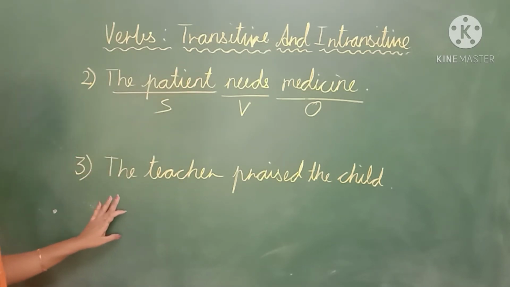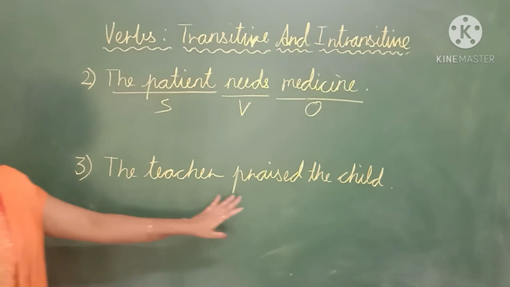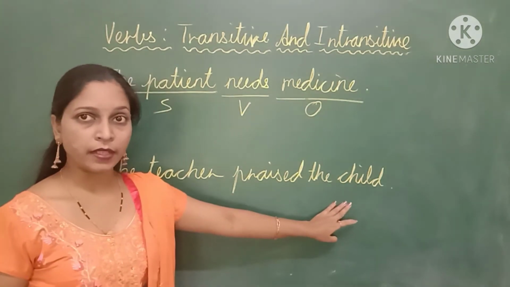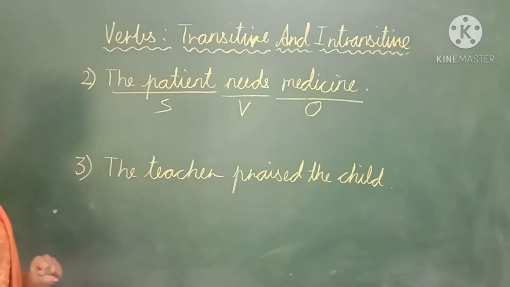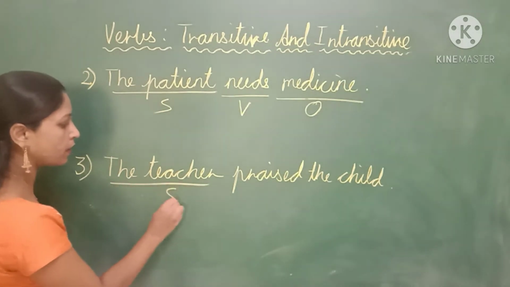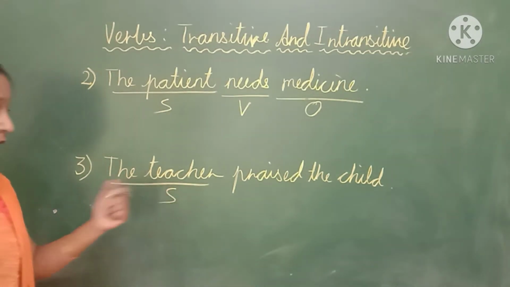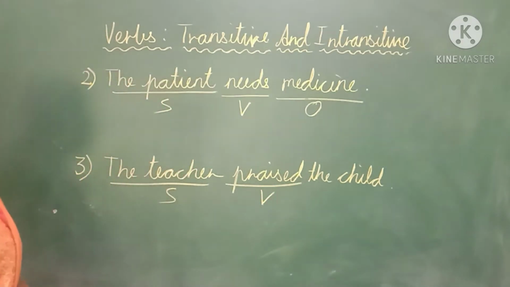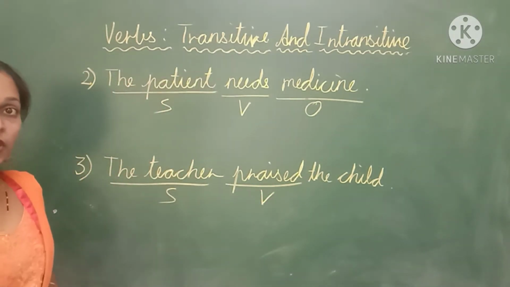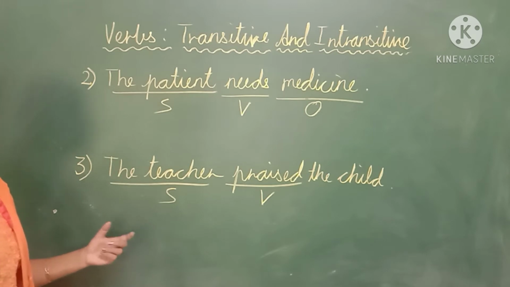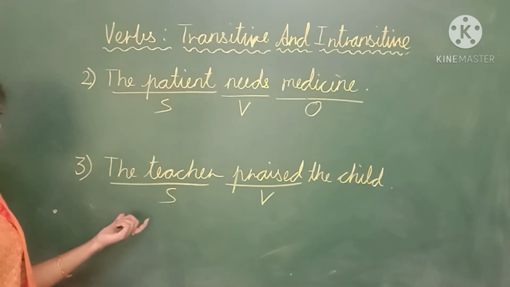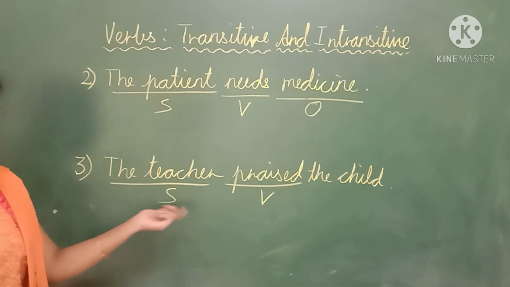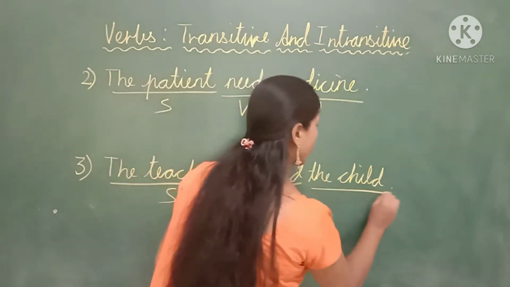See the next one. The teacher praised the child. Here the subject is the teacher. Praised is the verb. Now here what question do we ask to find the object? Here we will ask whom. Whom did the teacher praise? The teacher praised the child.